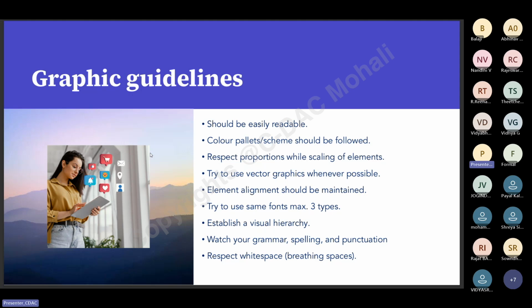We should always try to follow the color palettes or schemes. What are color palettes? These are basically a group of 3, 4, or 5 colors that we should choose before creating something or creating a brand. We should always try to use those colors among all our products and product advertisements. Similarly, similar types of icons or similar types of fonts should be followed.